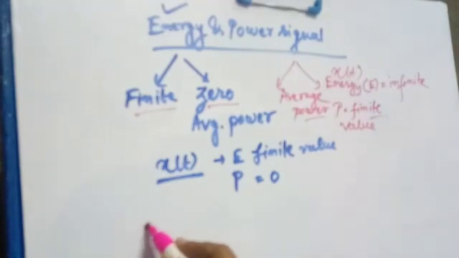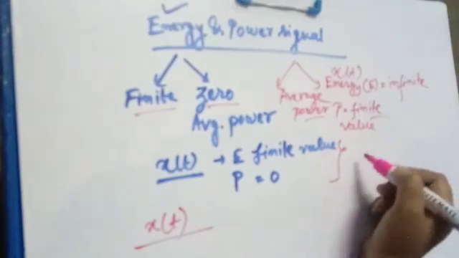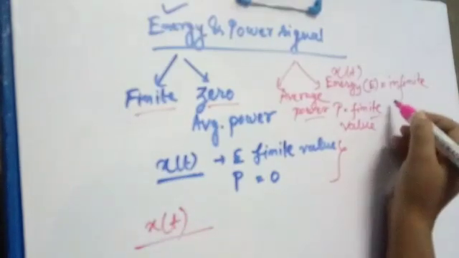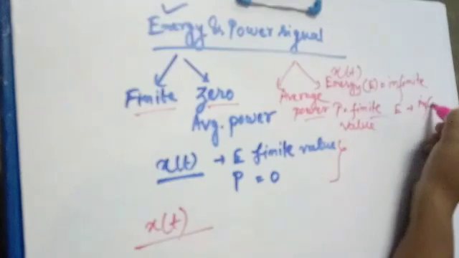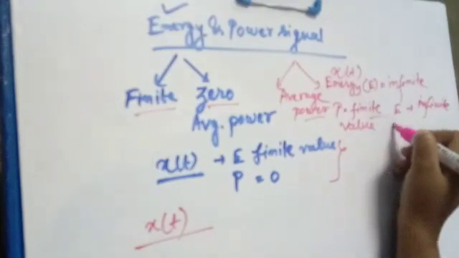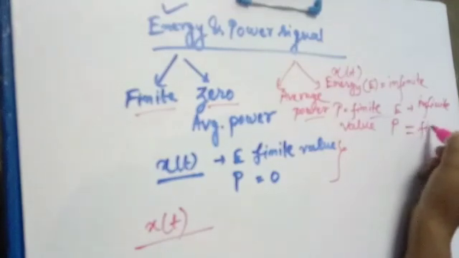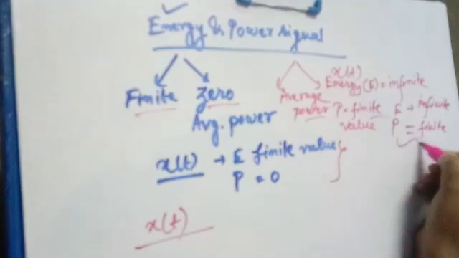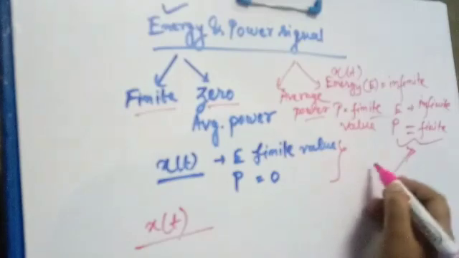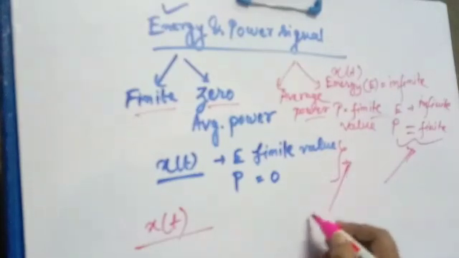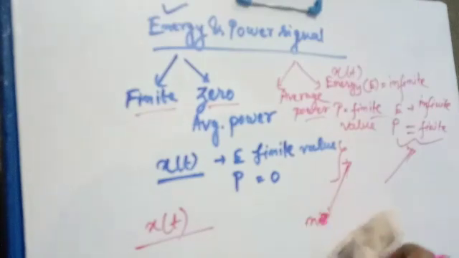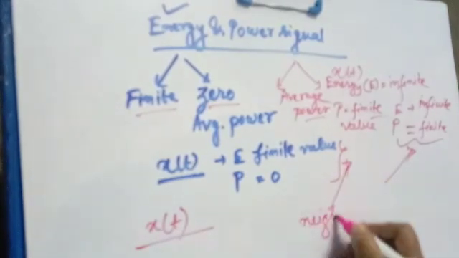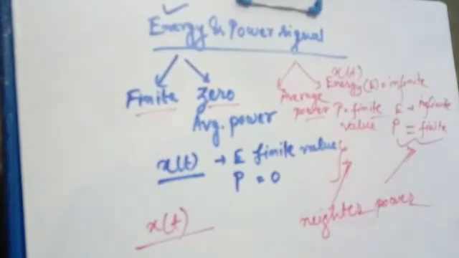That means if suppose x(t) is a signal which does not have either set of properties, for example, E is infinite and P is also infinite, then the signal is neither a power nor an energy signal.